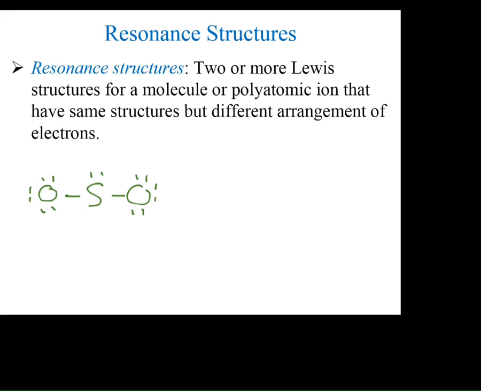There were two options. So I could have done it off of here and made a double bond here. Or I could have done it like we did off of the right one and made a double bond on that one.